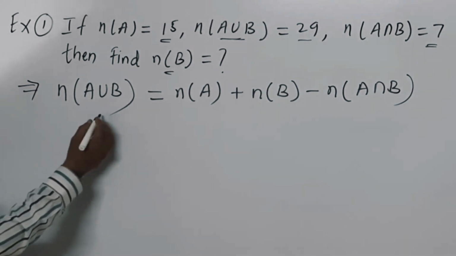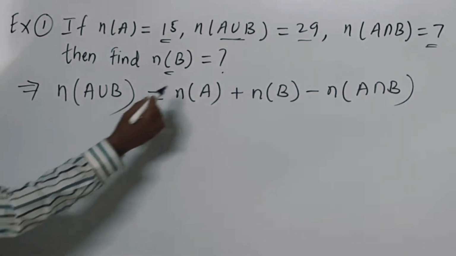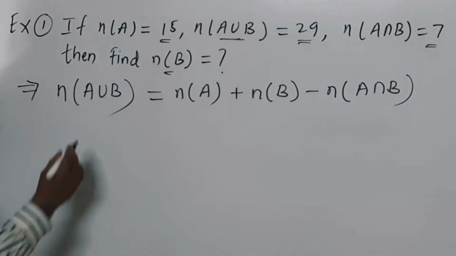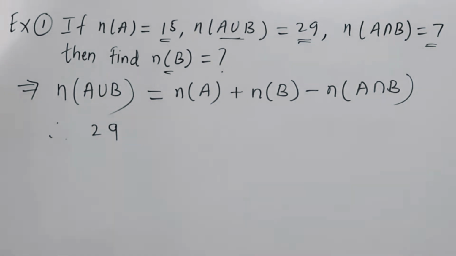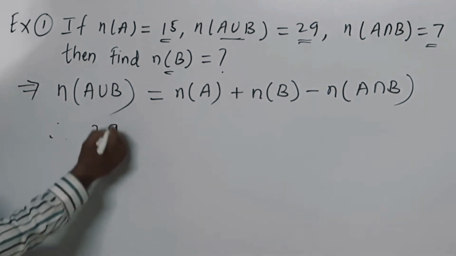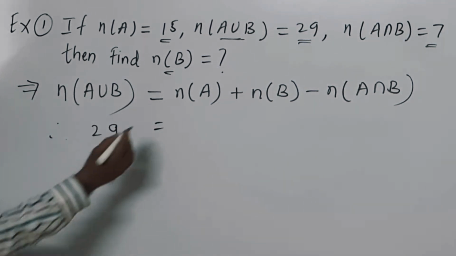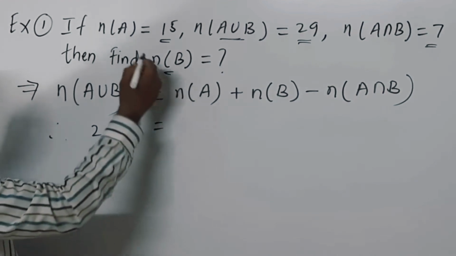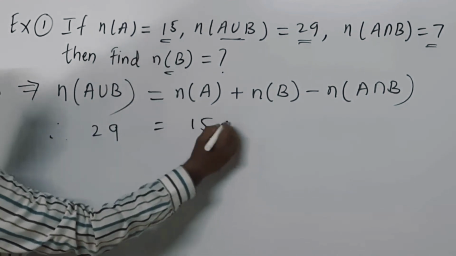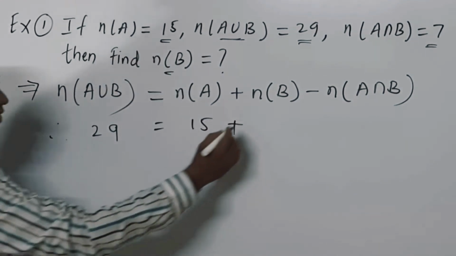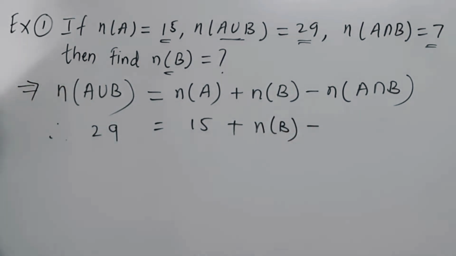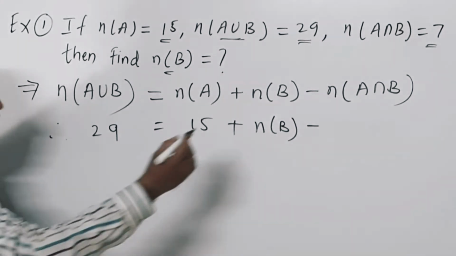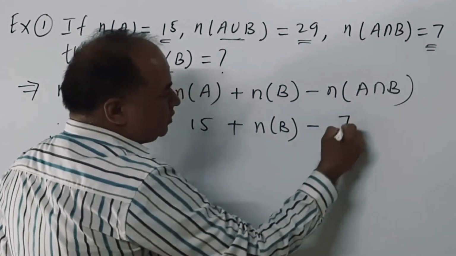So here it is given that the number of elements in A union B is equal to 29. So 29 is equal to n(A), the number of elements in set A, which is 15, plus the number of elements in set B, which we have to find, minus the number of elements in A intersection B, which is equal to 7.